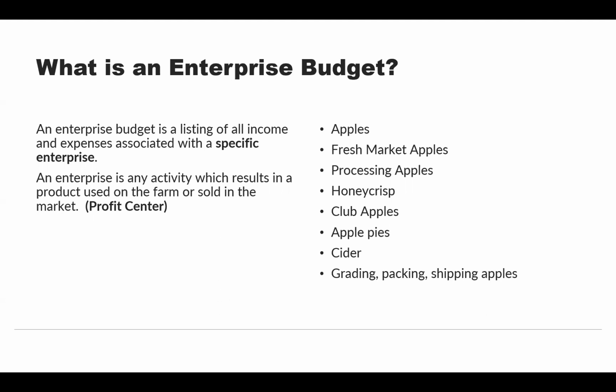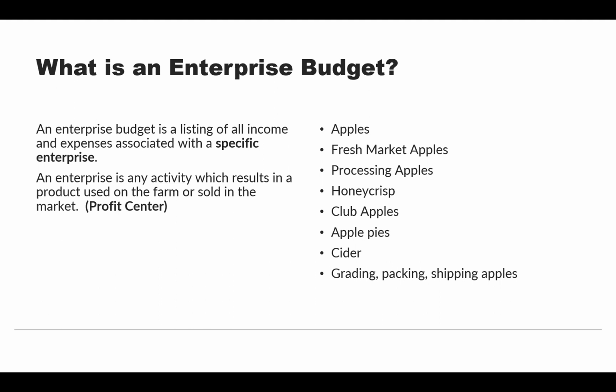It could be apple pies, because you might also have an apple pie making enterprise in your business, right? You get the raw materials in to make pies and you sell a pie. Cider making can be an enterprise. Grading, packing, and shipping apples can be an enterprise too: you take the apples in, and that's a whole other set of things that you do to add value to those apples, and then those are sold.